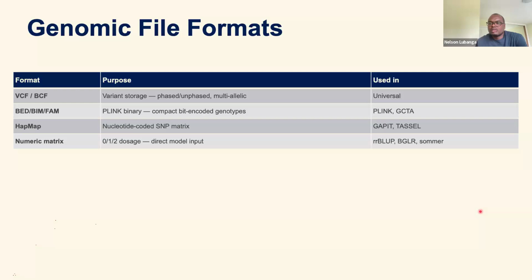We have the PLINK binary trio: the bed, bim, and fam files. This is what we commonly use for quality control. And then we have the HapMap formats, which we use for tools like GAPIT or TASSEL, and also the numeric formats we commonly use in genomic prediction and GWAS.